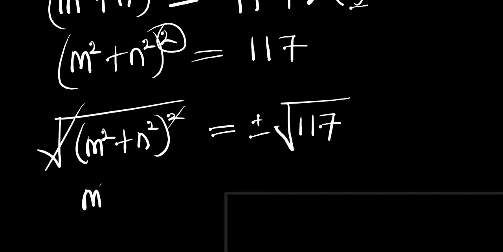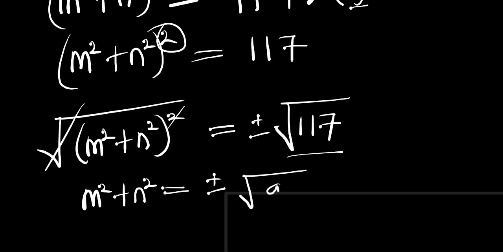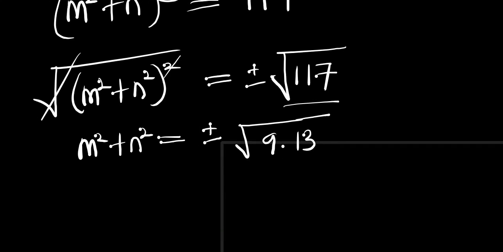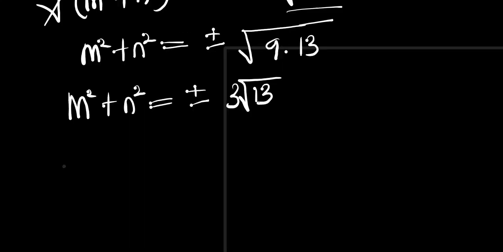We have m power 2 plus n power 2 equals plus or minus the square root of 9 times 13, which is plus or minus 3 root 13. So right now we have gotten the value of m squared plus n squared.